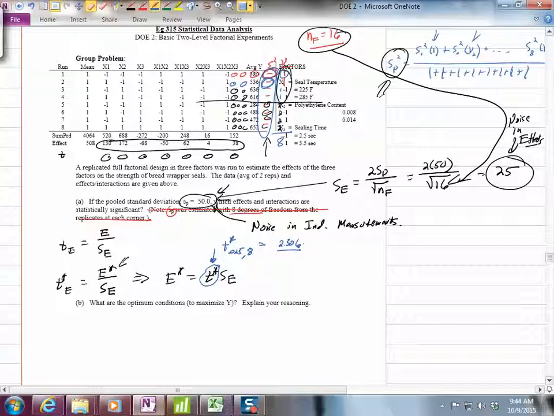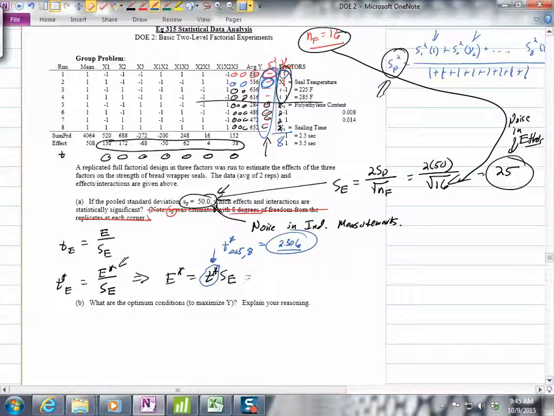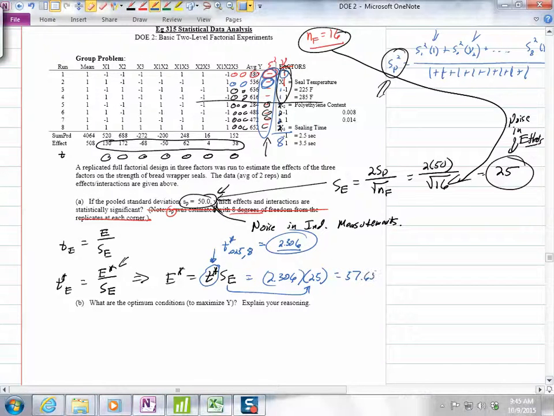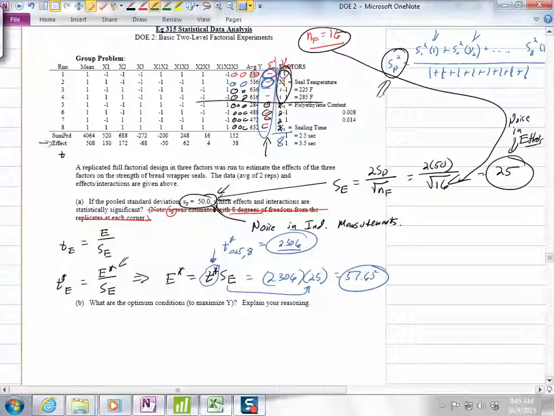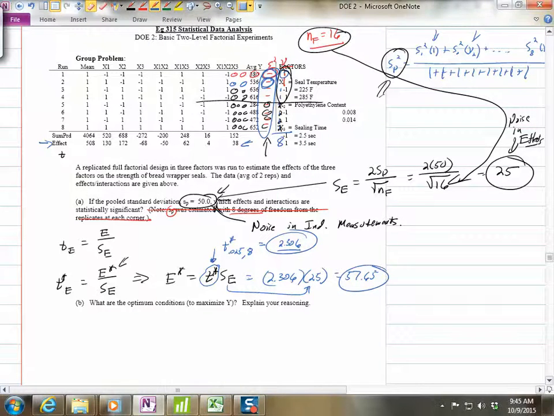All right. So then, again, you can calculate all these t's and compare them to 2.306, or you could just do this times 25, which is SE, and get 57.65. And then if that's our hurdle value for effects, any effect that's greater than this or less than negative that will be significant.